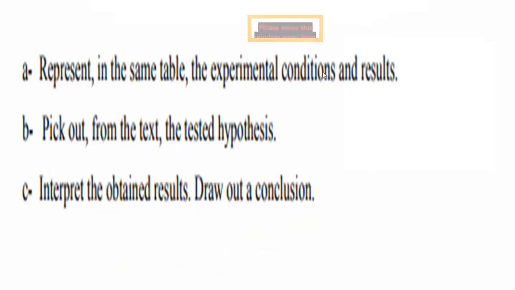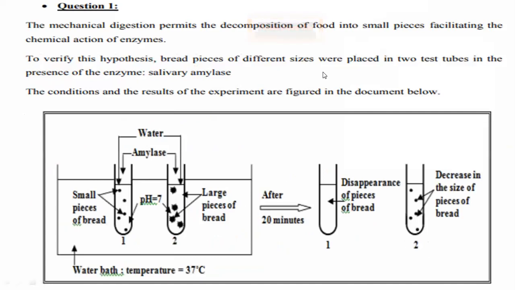Let's move to the figure to interpret. Yalla Gabriel, interpret the first tube. After adding amylase plus water to the small pieces of bread in tube 1 with a pH of 7, which was put in a water bath at a temperature of 37 degrees, after 20 minutes the pieces of bread disappear.